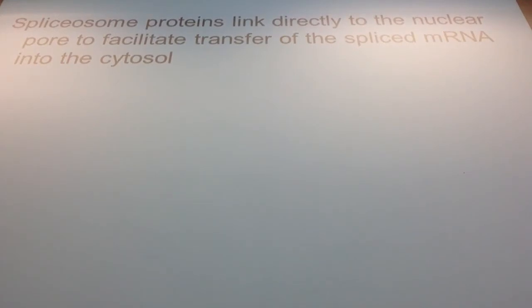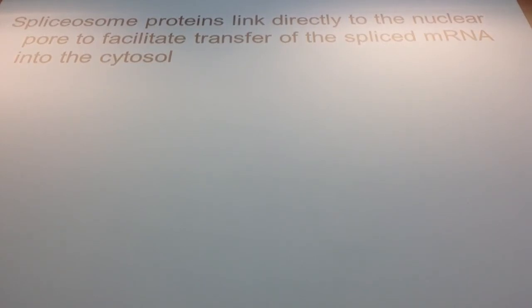So far so good. So another function of the spliceosome, which is connected to, we're still talking about processing, right? And again, we're only really talking about eukaryotic cells. The idea is that an mRNA will not be transported into the cytosol unless it's completely modified and completely mature.